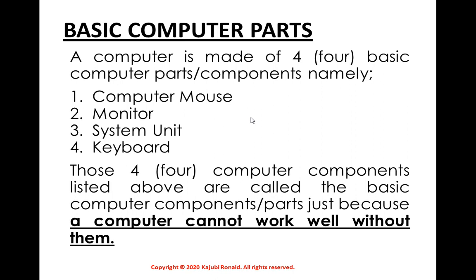So without one of those parts listed above, a computer is likely not to work well. It's not likely to perform well. That's why a computer mouse, a monitor, a system unit, and a keyboard are called basic computer parts. And if I happen to ask a question that gives the 4 basic computer parts, now I'm quite sure you can answer that question without any problem.